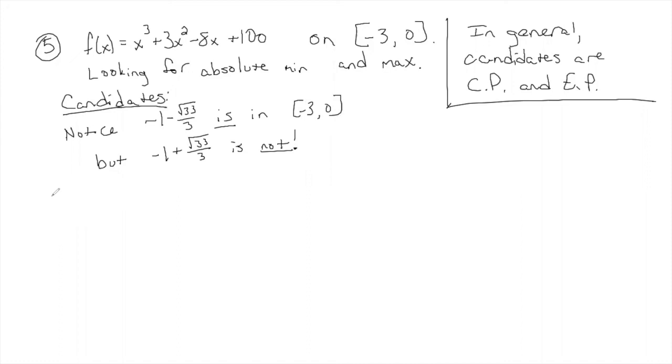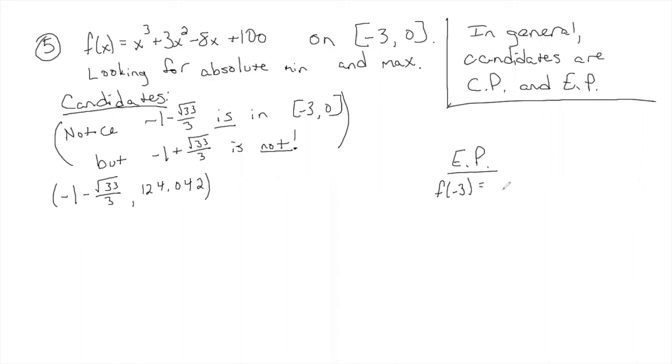So the candidates are, I'll put this in parentheses, -1 minus square root 33 over 3, comma, 124.042. And again, this is just an estimate, right? Ballpark, but it should be good enough for our purposes. And then the endpoints, I'll compute over here. I need to evaluate what's f of -3.